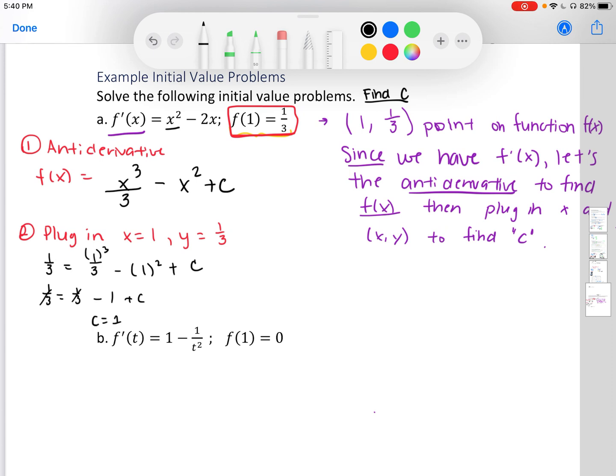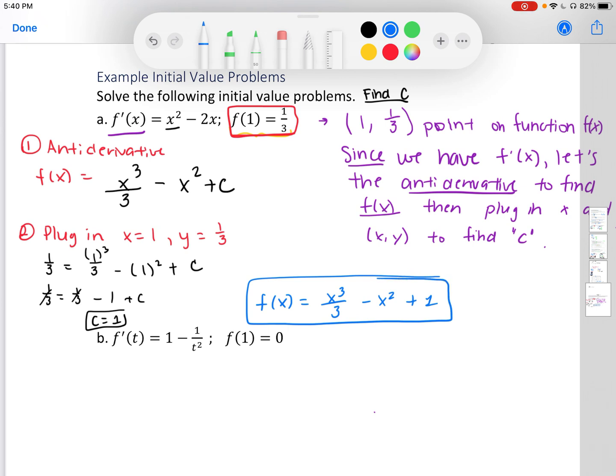You get c equals 1. So that our function f is actually f of x equals x cubed over 3 minus x squared plus 1. That's our actual function. You see that constant was lost when we took the derivative, but now we went through the trouble of finding it.